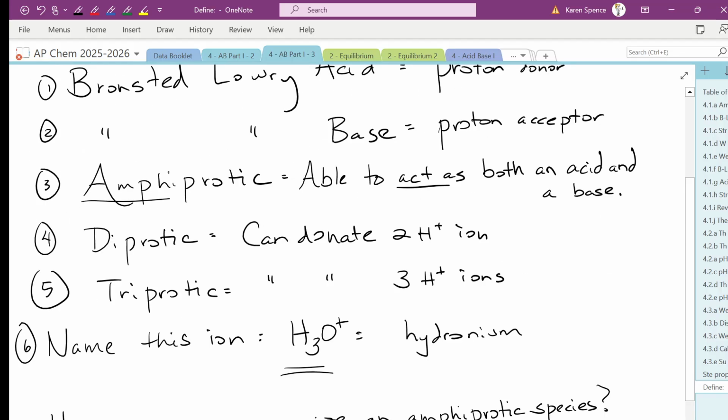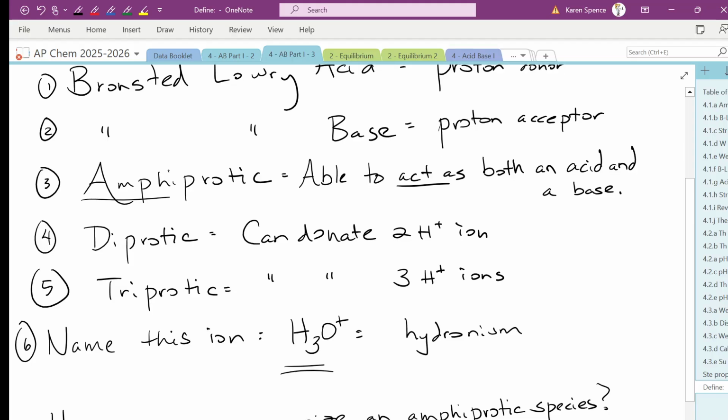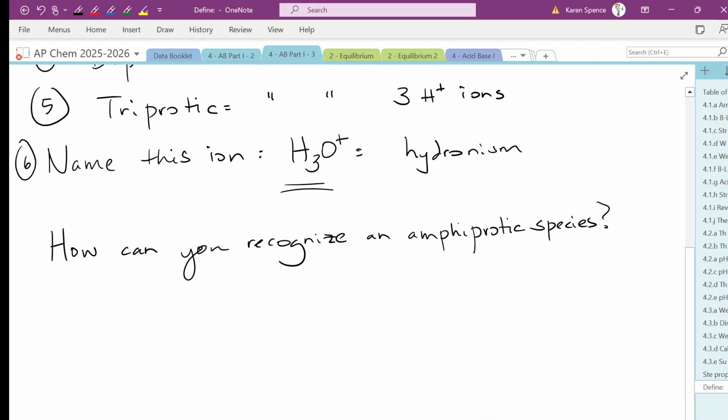Okay, so let's go back to our definition. It is able to act both as an acid and as a base. So what are the two things it needs to be able to do? It needs to be able to accept a proton and donate a proton. If it must be able to donate a proton, what can you say about the chemical species?